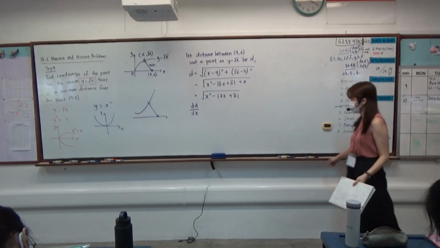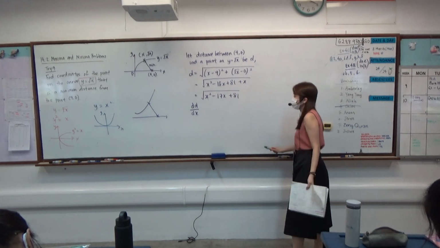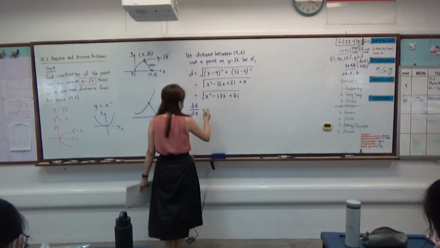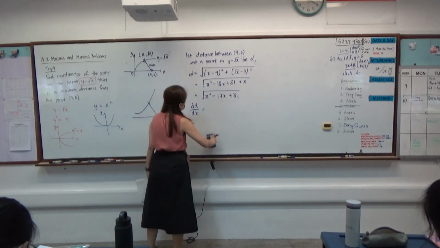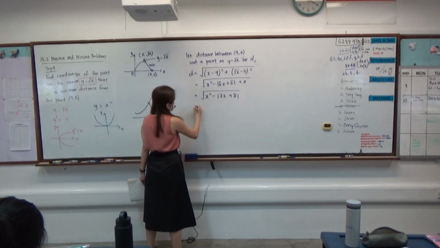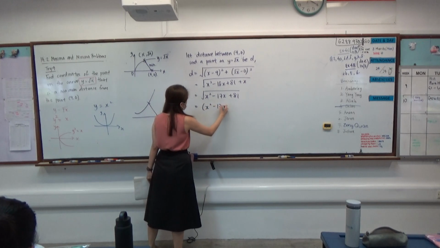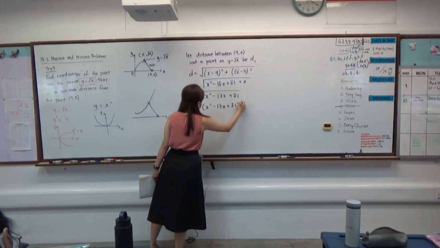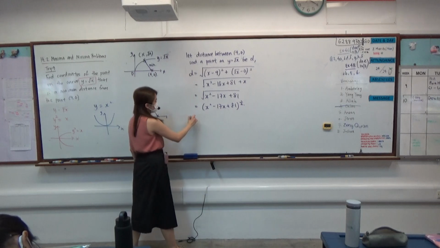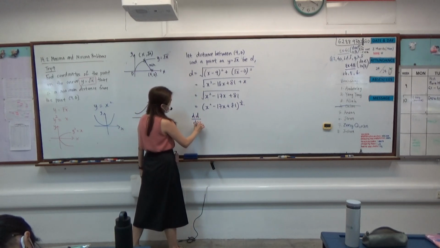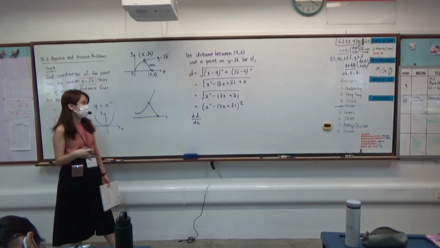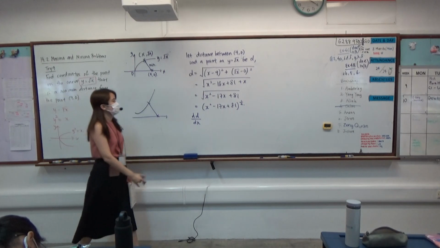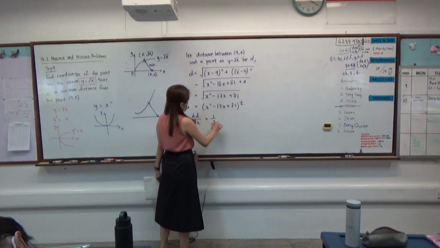Shall I run through? Generally, I think most of you can do your first derivative. Your D could be expressed in this manner. On hindsight, maybe I shouldn't have let the distance be D, so that I avoid having dD over dx, which is a bit confusing.